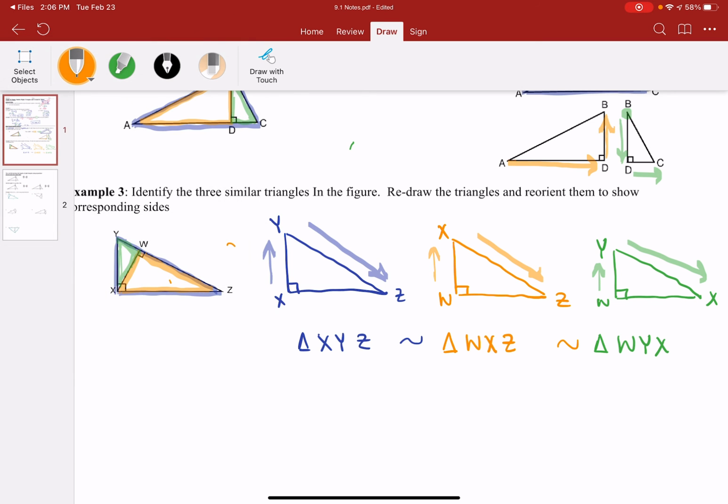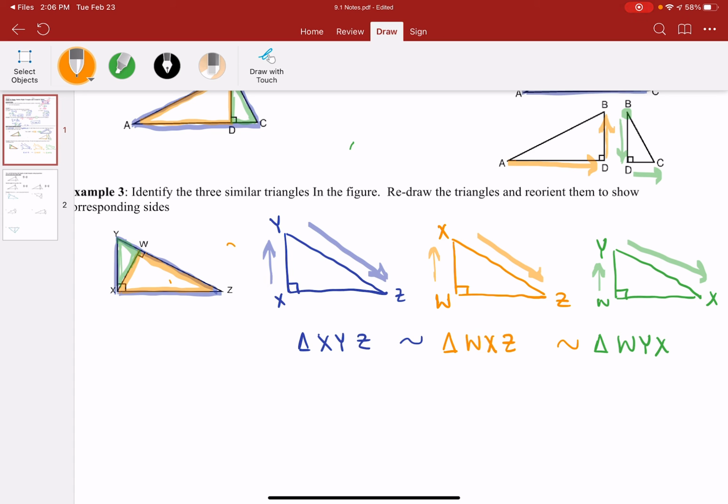So why this is important is because we're going to need to be able to identify our corresponding parts to set up proportions here. So you're going to need to be able to identify the different triangles. And something you're going to hear me say a lot is the short side, the long side, and the hypotenuse. So each right triangle is going to have a shorter side, a longer side, and a hypotenuse.